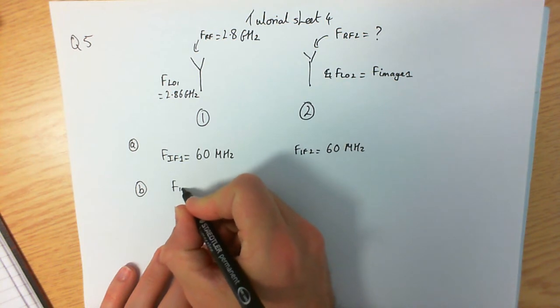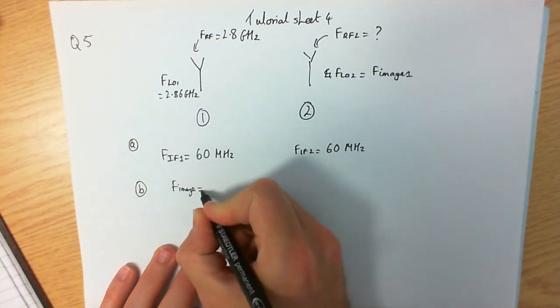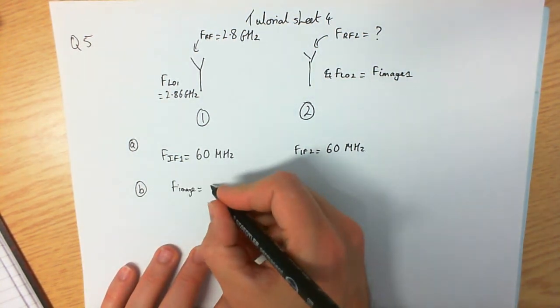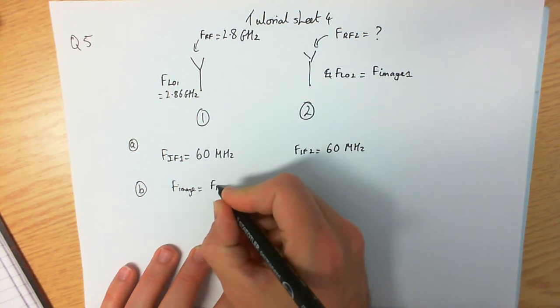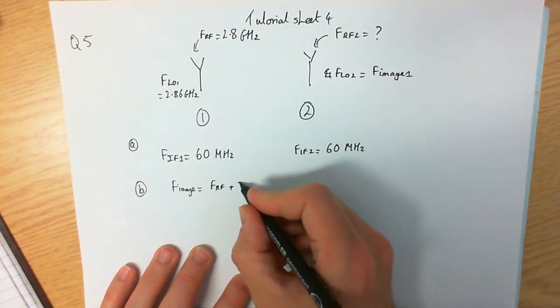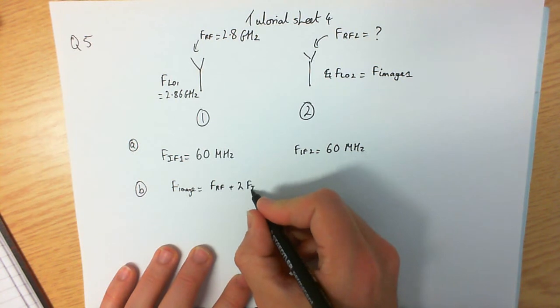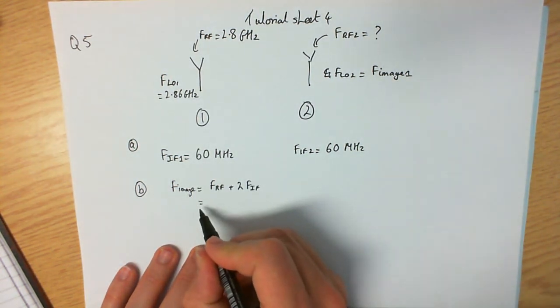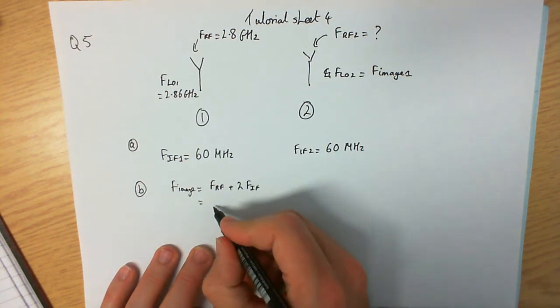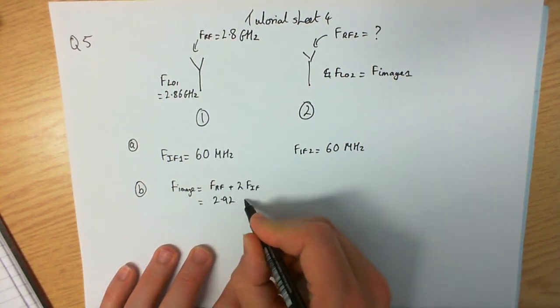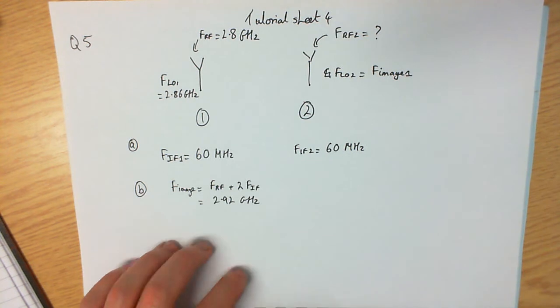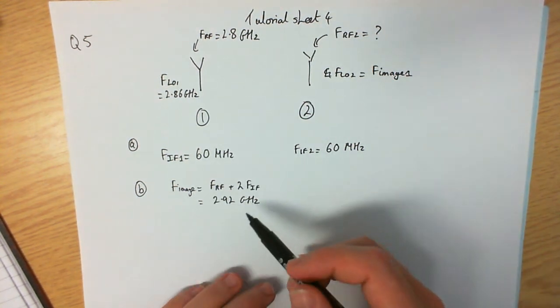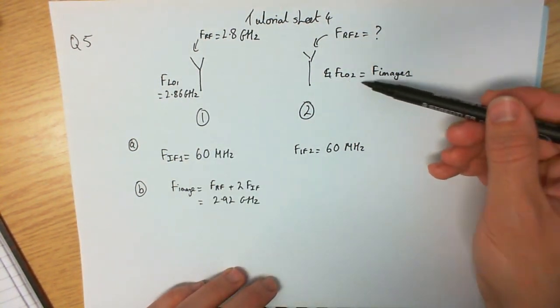So the F image is equal to FRF plus 2 FIF, which is equal to 2.92 gigahertz. So that's what the local oscillator is set to.